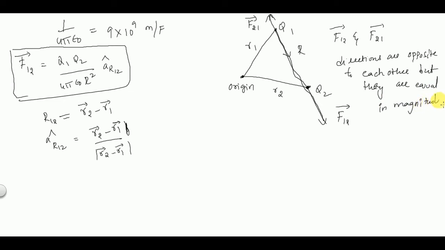So they are equal in magnitude but opposite in direction, and we can write F12 bar is equal to minus F21 bar.